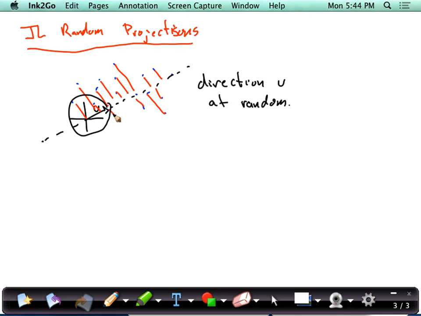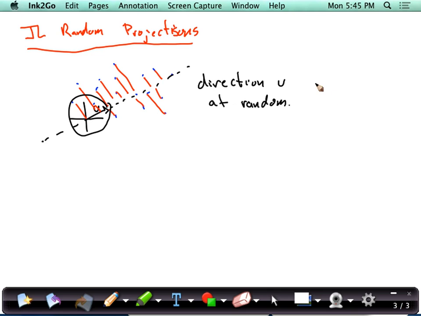But then the question is, how do you pick a random point on a circle? Well, we talked about this before. You pick a random point inside the unit sphere, and then you draw the vector and divide it by its length. It turns out picking a point inside of a random ball is harder than picking a point on a random sphere.